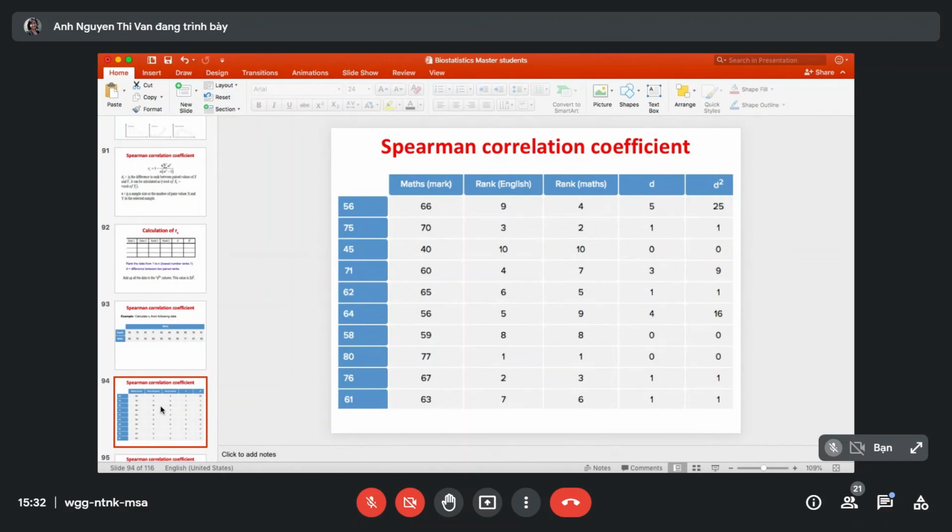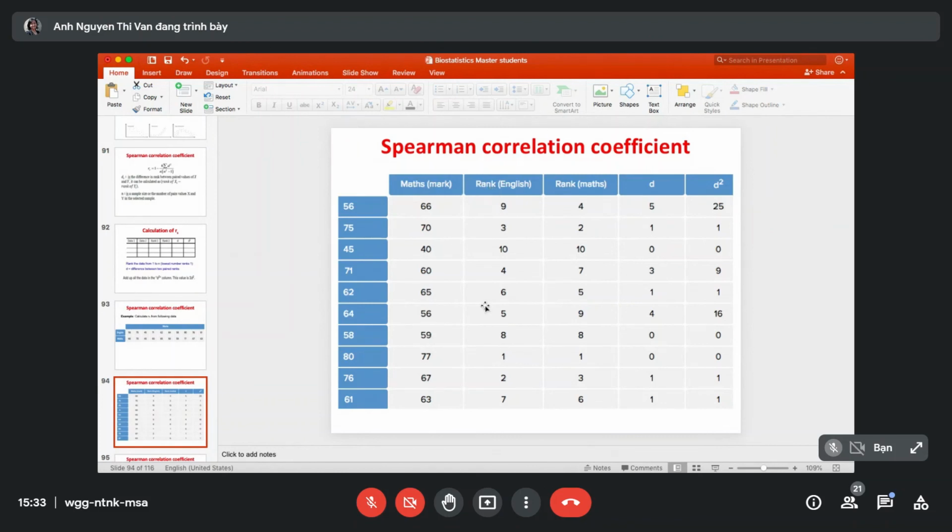So here is a solution for this kind of exercise, and your friend has shown you the correct answer, where we make a table like that. You write down the first two columns as the data set of the two variables, here math and English, and the next two columns are the rankings of the two variables.